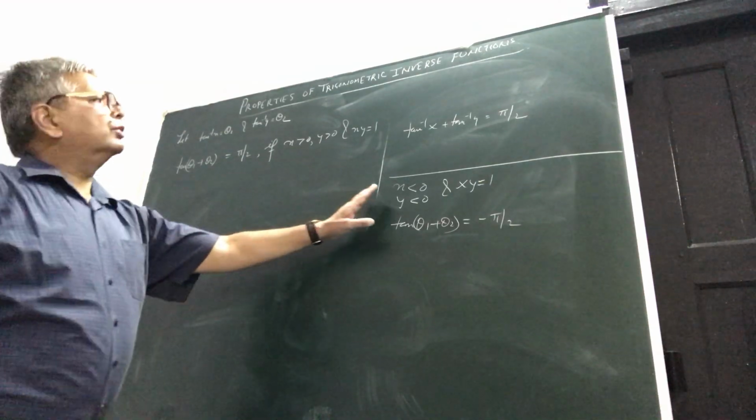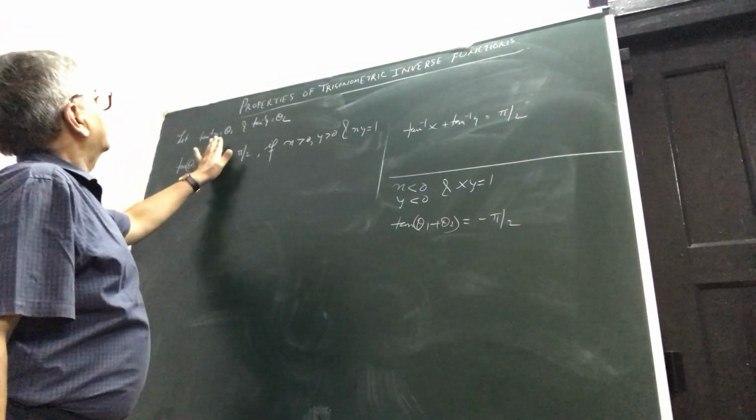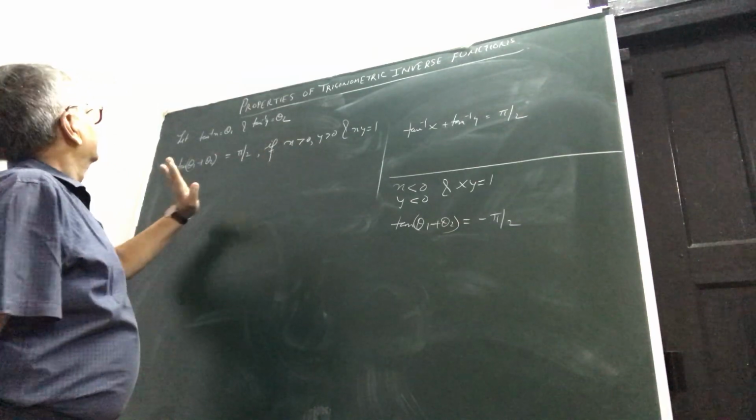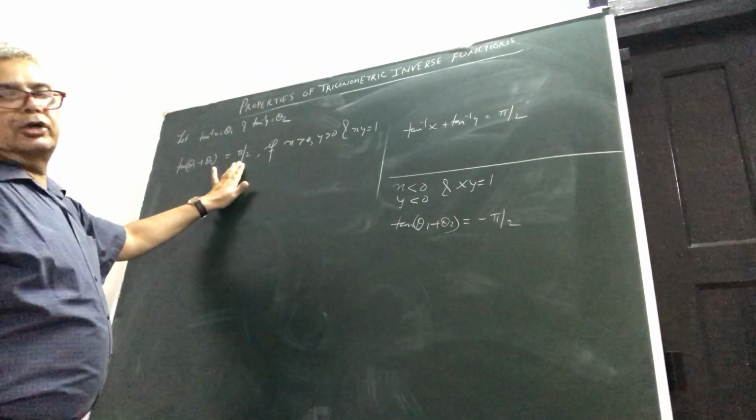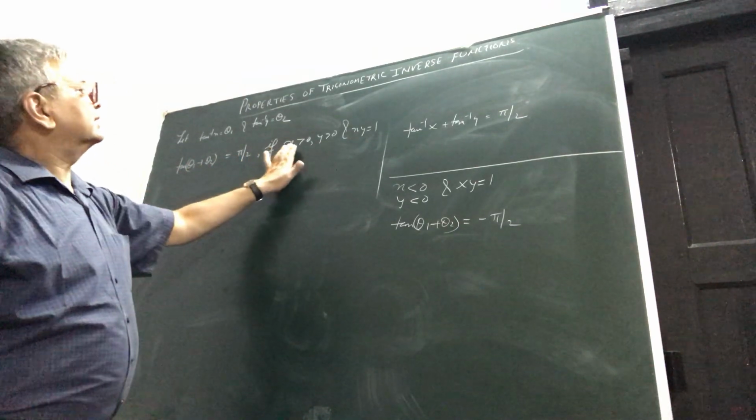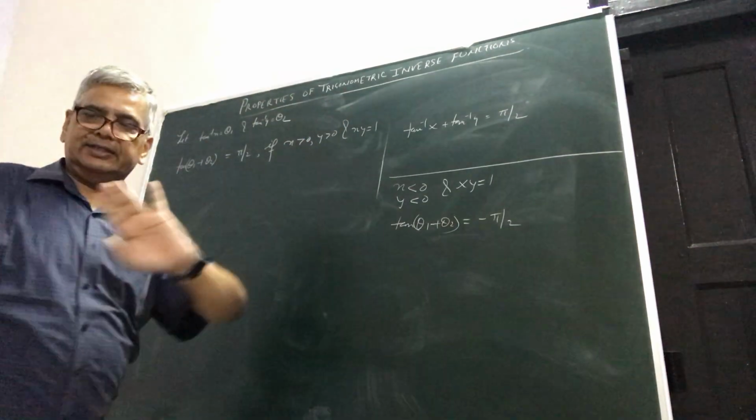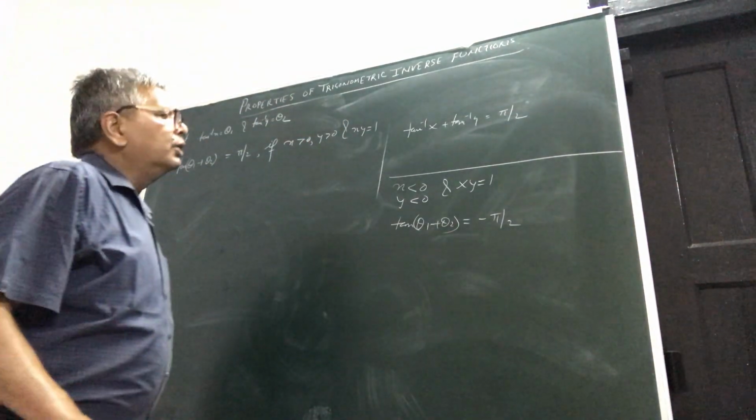And now we have to prove this result, that tangent theta 1 plus theta 2 is equal to minus pi by 2 if x is less than 0, y is less than 0 and xy is equal to 1. This result we have to prove.